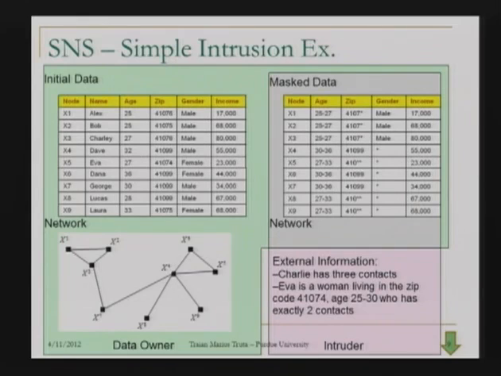As you can see, in the profile data, we have some attributes such as name, age, zip, gender, and income. Those attributes usually are classified into several categories, but you can easily see that name is an identifier attribute, and it must be removed before this data is revealed to an outsider. On the other hand, age is not unique, so age could theoretically be kept in this data. Zip code also can be kept, gender, of course, as well as income.